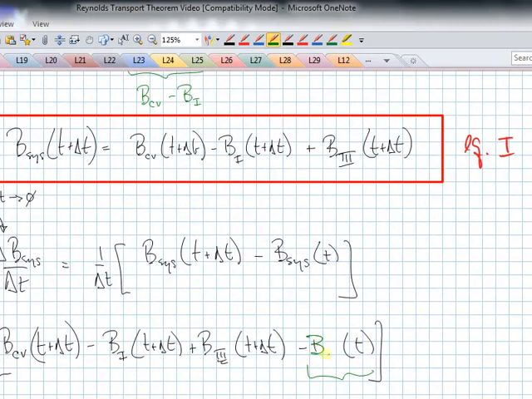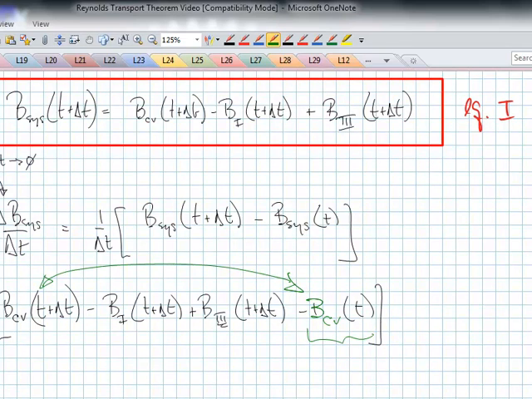At t. This is convenient because I got BCV at t plus delta t over there, and hopefully you get an idea of where this is going.